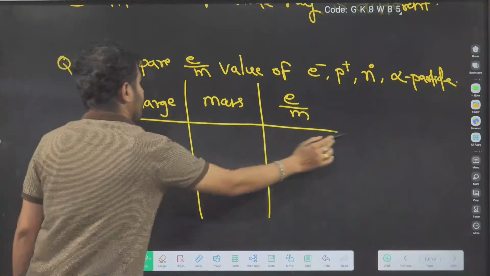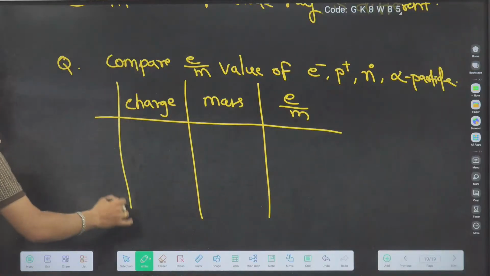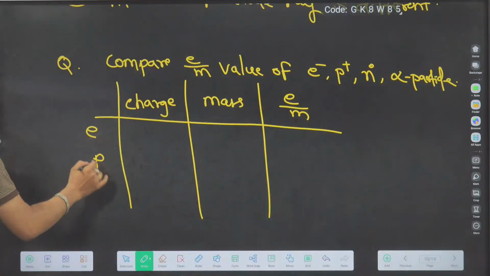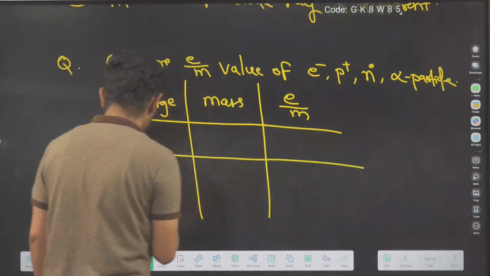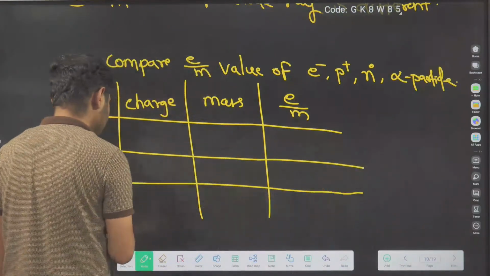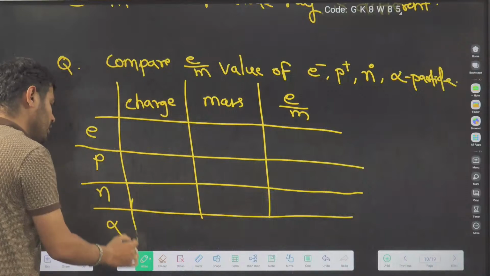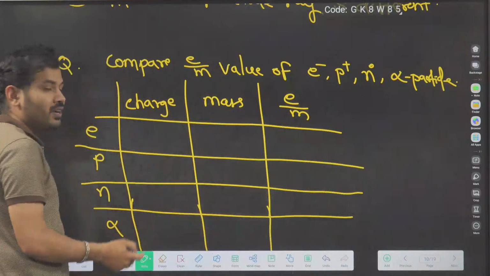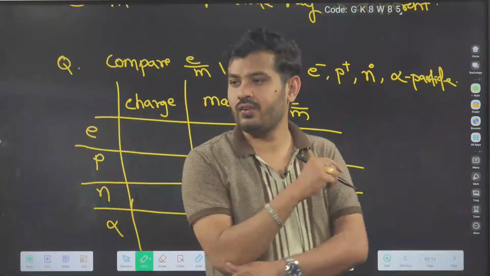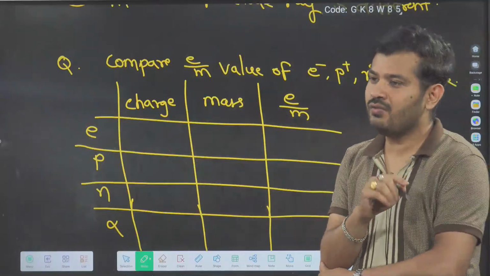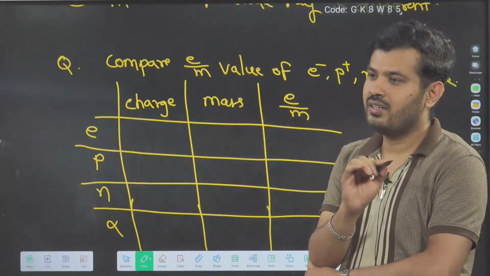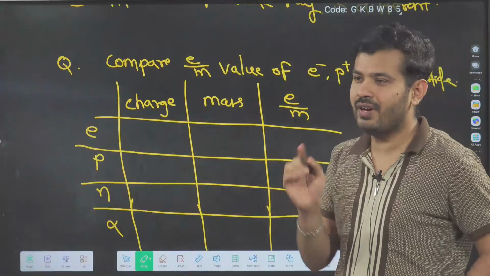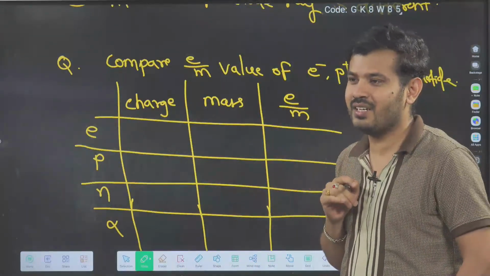You people tell me, for electron, proton, neutron, and alpha particle, what are their charges? You might have studied this earlier. If not, I will tell you the values. What is the charge on one electron? It is negative. Very good answer.